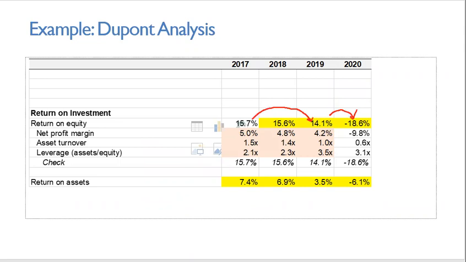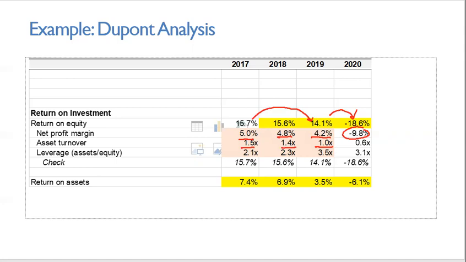What was the reason why that happened? Obviously, profitability for 2020 was down. Okay? But yung 2017 to 2019, if you can see, bumababa na yung net profit margin niya in the first place. Okay? And it is coupled by a reduction in asset turnover.